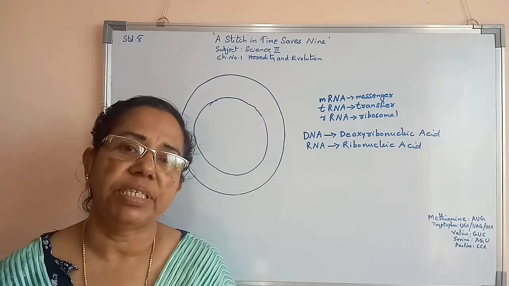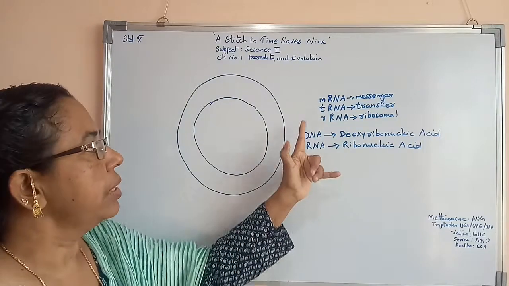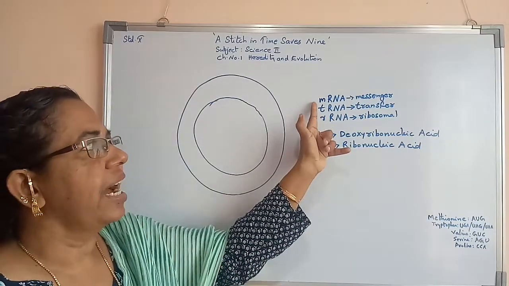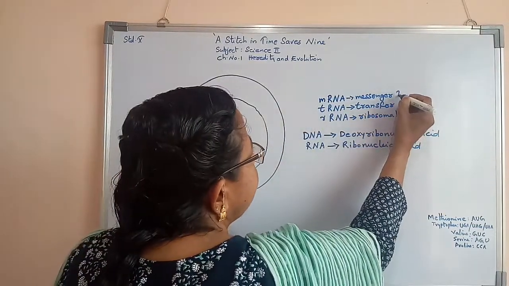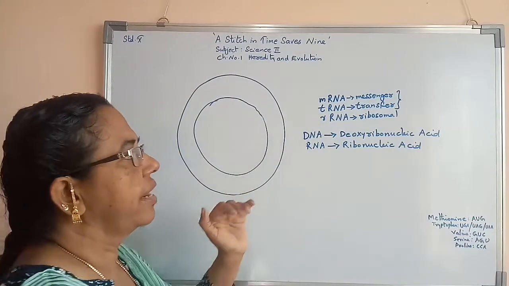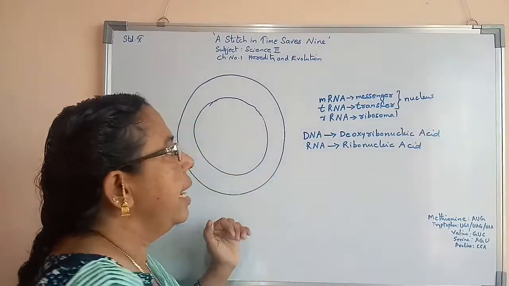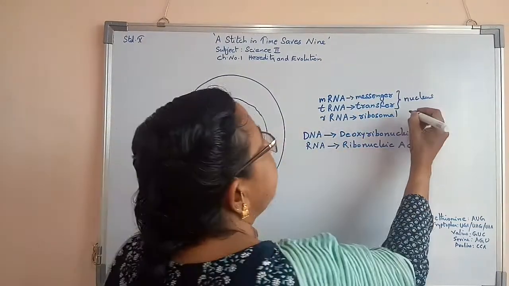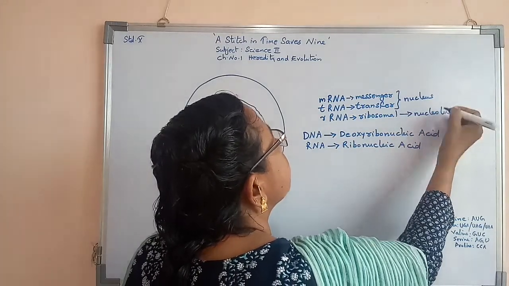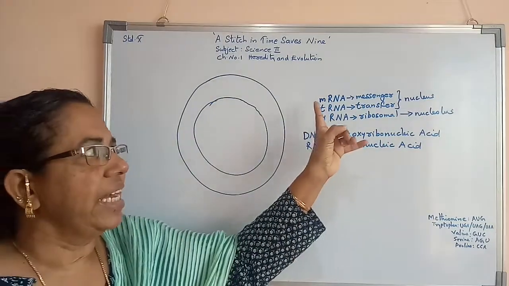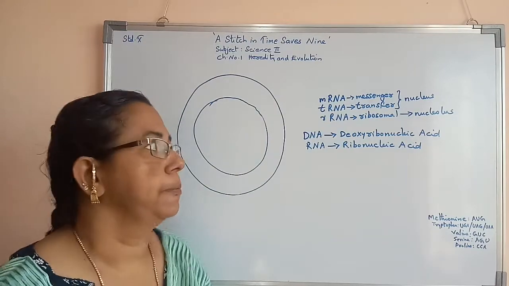DNA helps in the formation of all types of RNA. Here we are studying these three RNA. Messenger RNA as well as transfer RNA are produced inside the nucleus, and ribosomal RNA is produced inside the nucleolus. Now we are studying the production of messenger RNA by DNA.